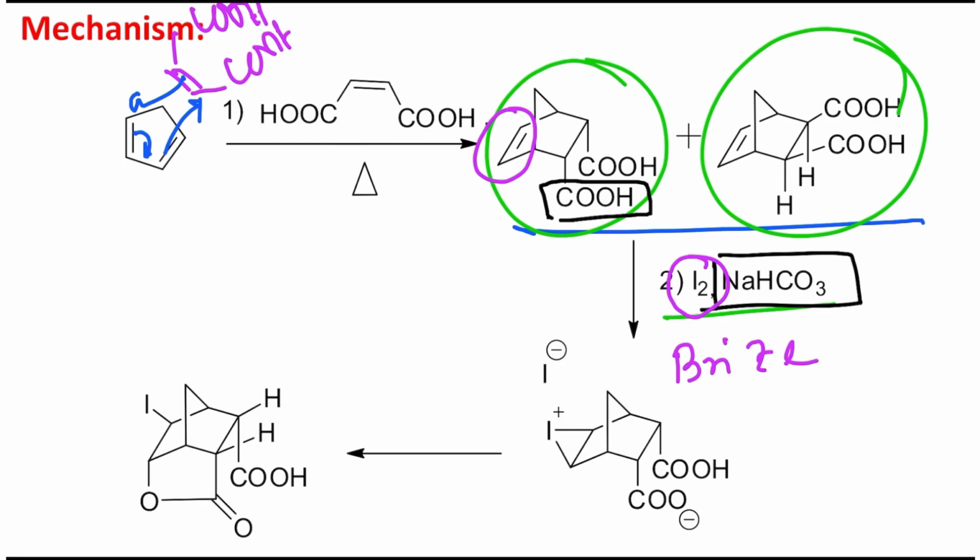This bridged iodonium compound, in the subsequent stage, undergoes ring opening by the carboxylate anion. How? Just forget about this structure. Carboxylate means this is a double bond and this is O minus. Now see the sigma star of this carbon-iodine bond, which is close to this oxygen. The oxygen donates its electron density here and forms a bond, and the bridged iodonium three-membered ring opens up and ultimately produces this lactone derivative.